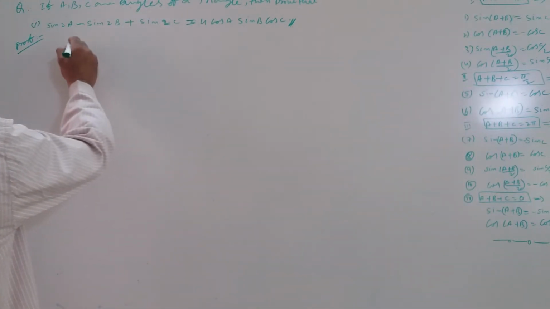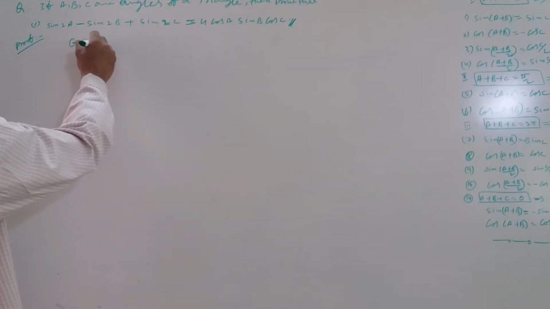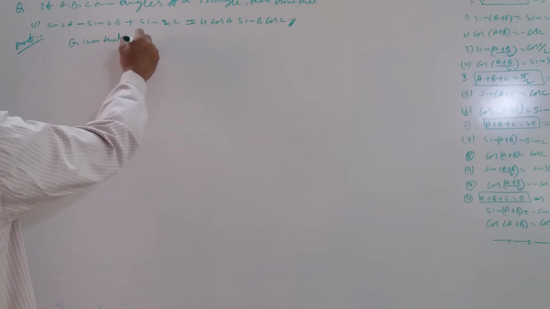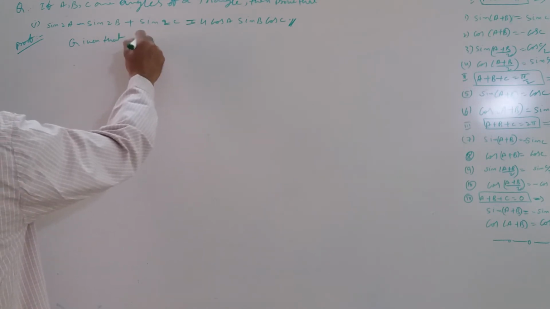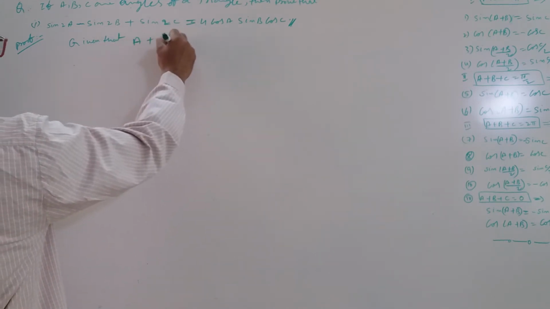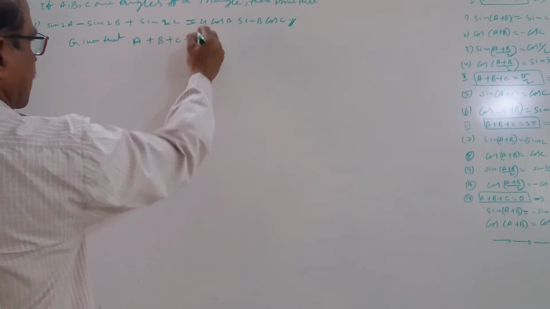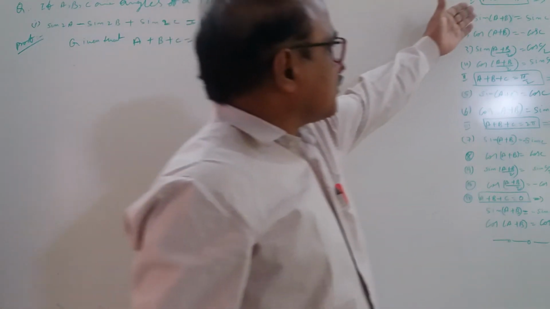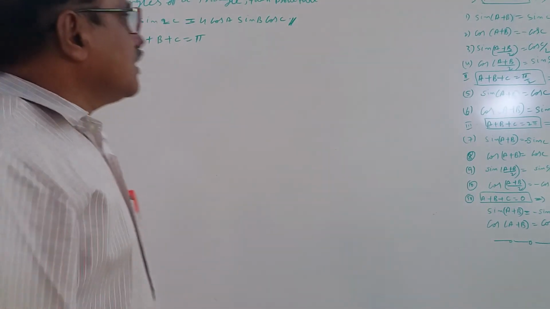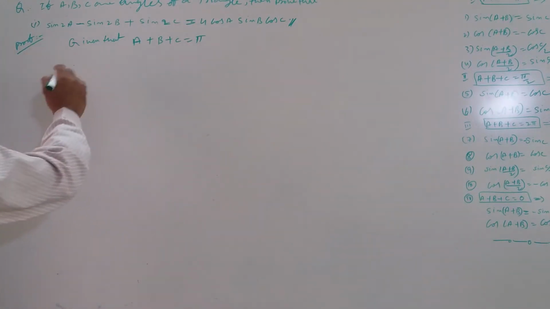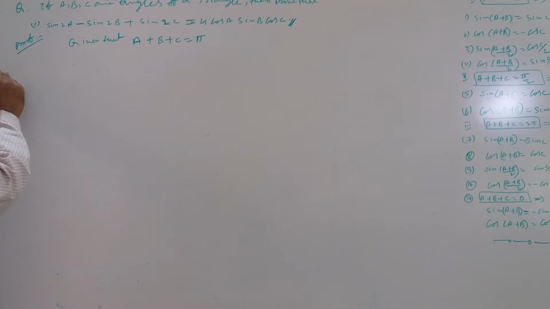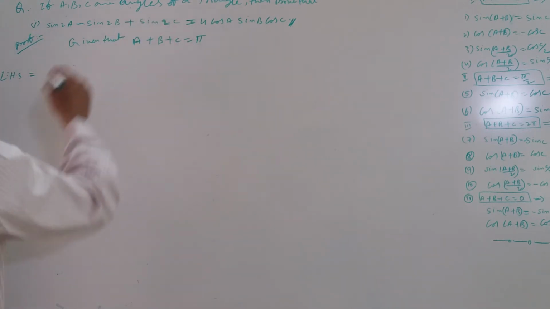That implies, given that A plus B plus C is equal to pi. Now take the LHS, the left hand side of the proof.